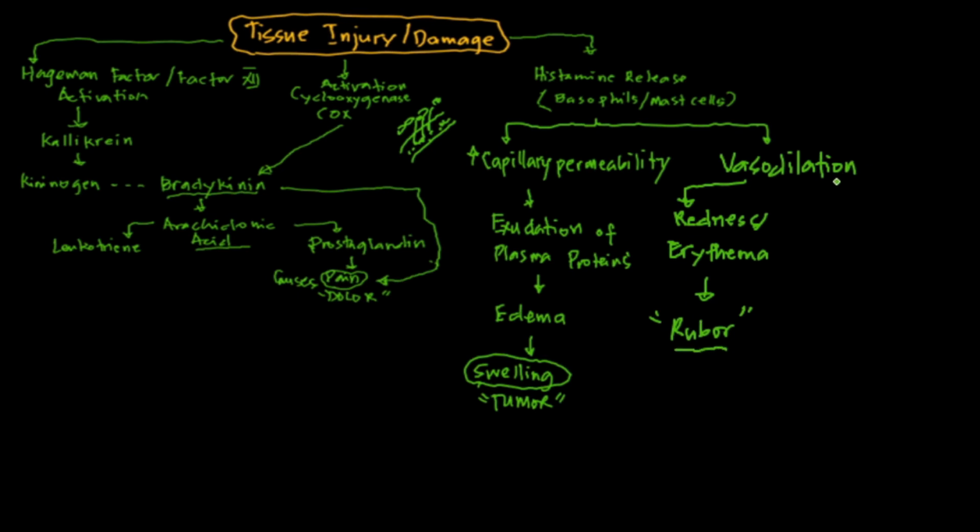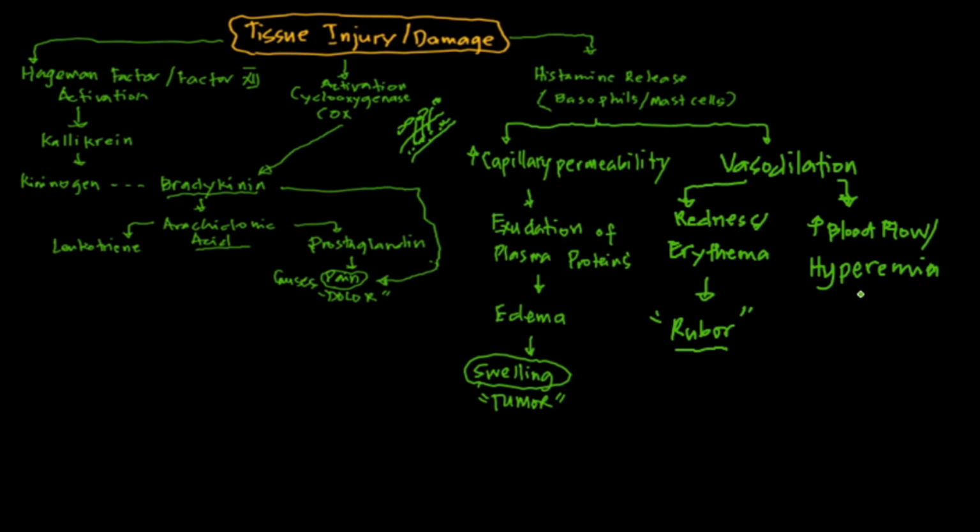Okay. Another thing, because of your vasodilation, the blood flow will increase in the affected area or the site of injury. That increased blood flow is also known as your hyperemia. Remia means blood, hyper means there is increased blood flow in that particular area, the site of injury.